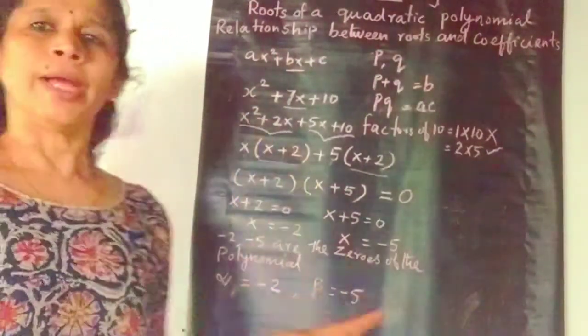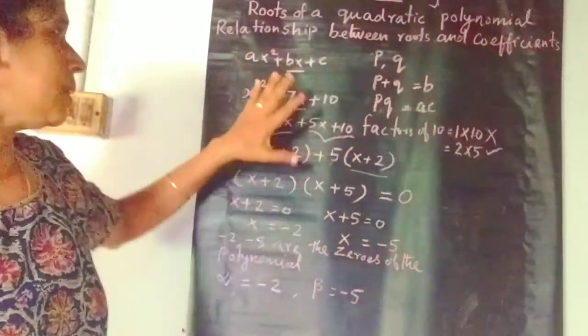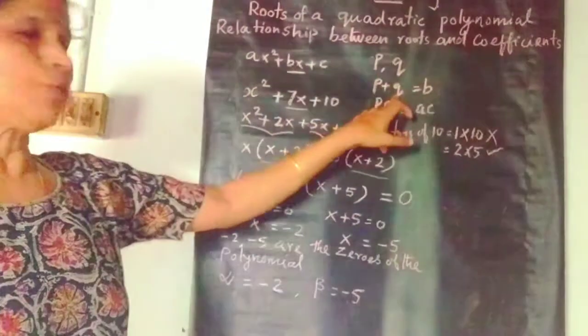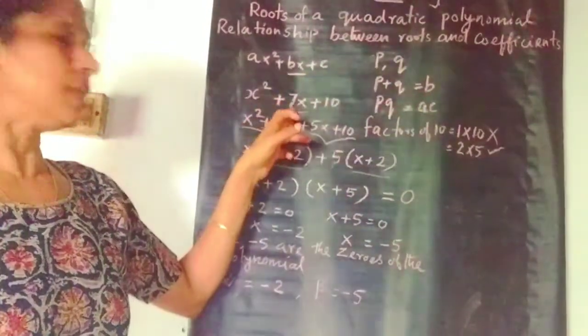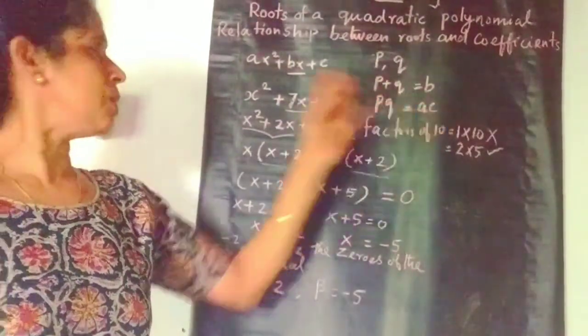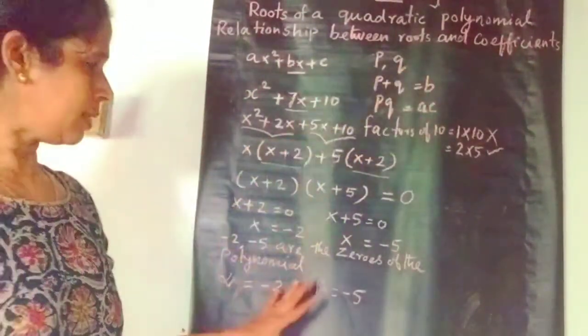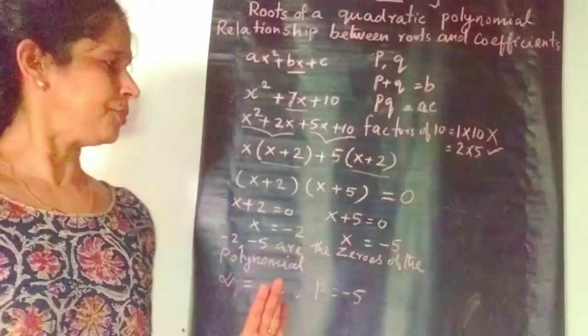This way you have to find the roots of the quadratic polynomial. Here you have to keep in your mind is sum of the two factors will be equal to the middle term, that is b. Product of the two factors will be equal to the coefficient of x square and constant. If you keep this, you can get the answer very easily.